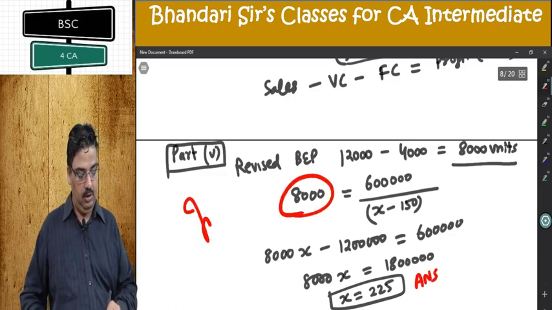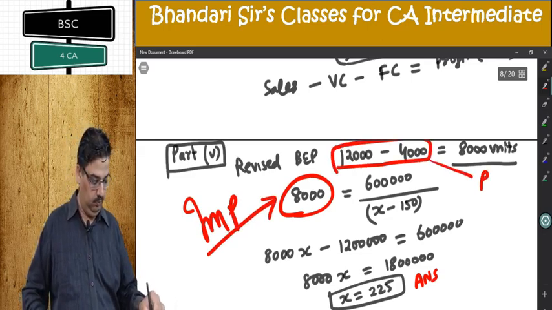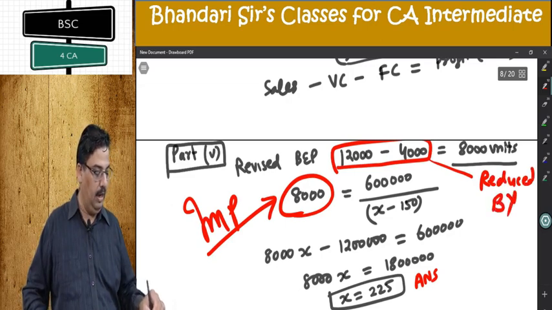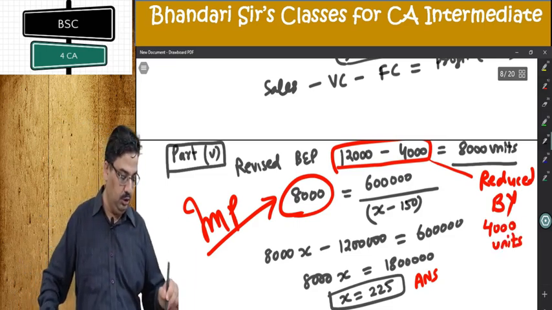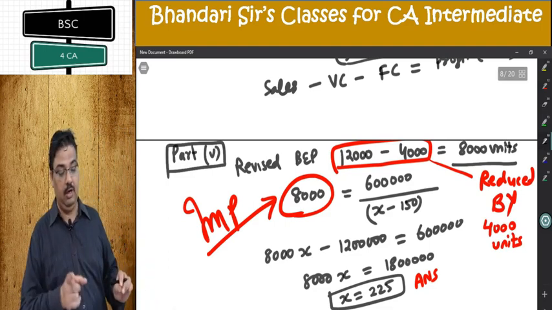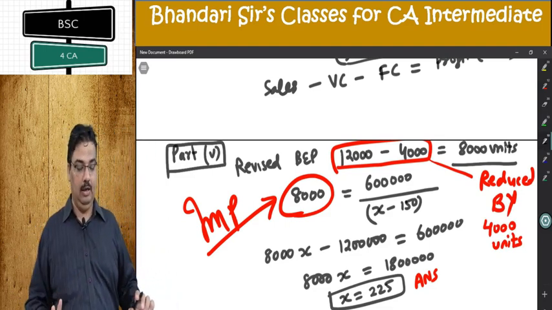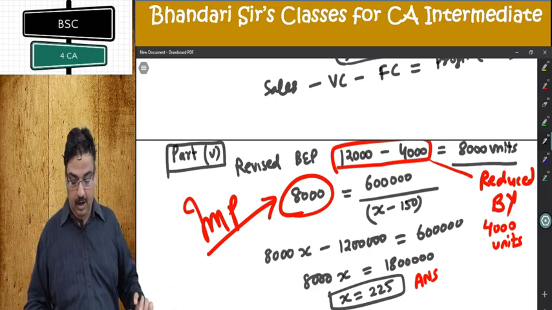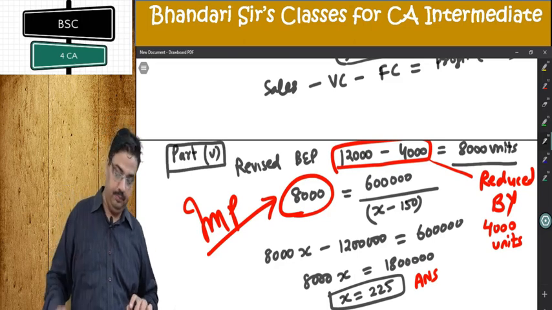This is important. Reduced by 4,000 units. If it was reduced to 4,000 units, left hand side will be 4,000 and my answer is bound to be different in that case. This was part 5 of question number A24.